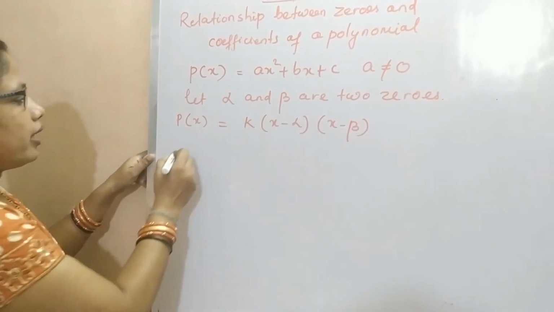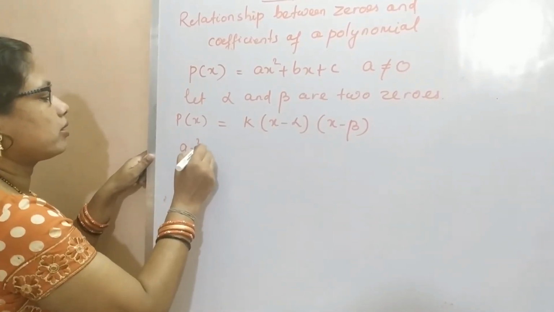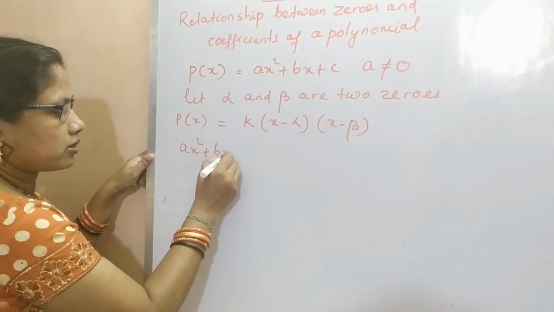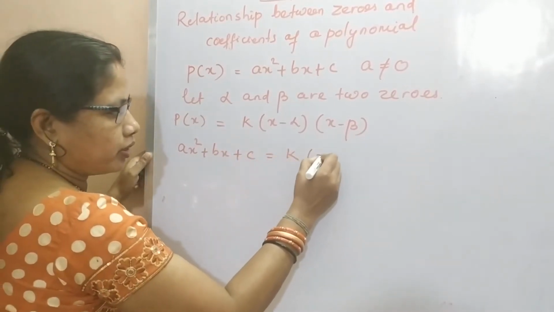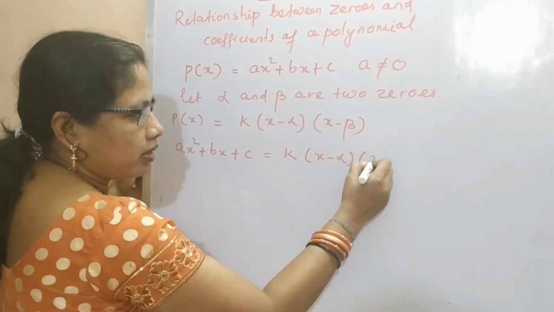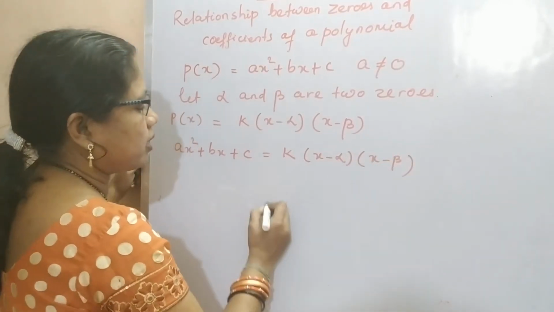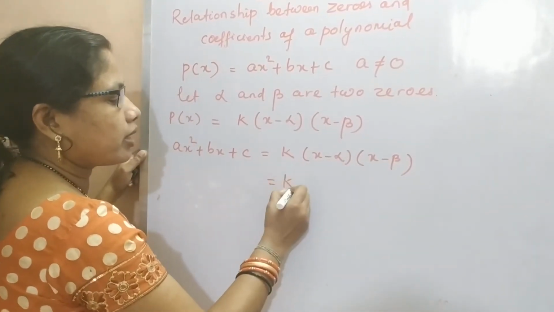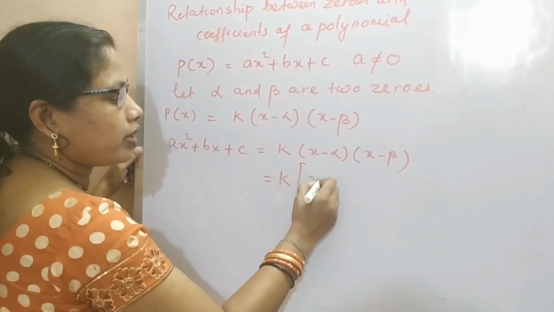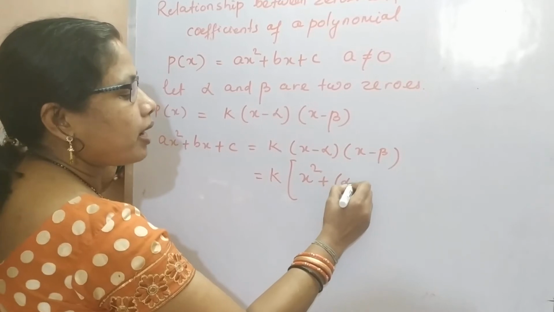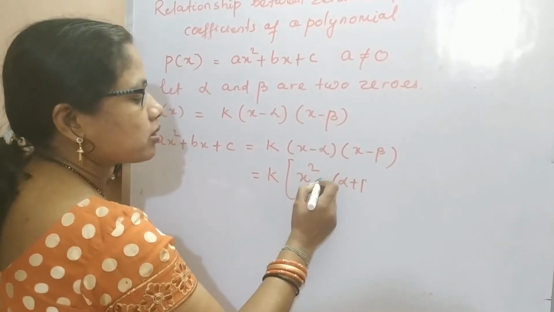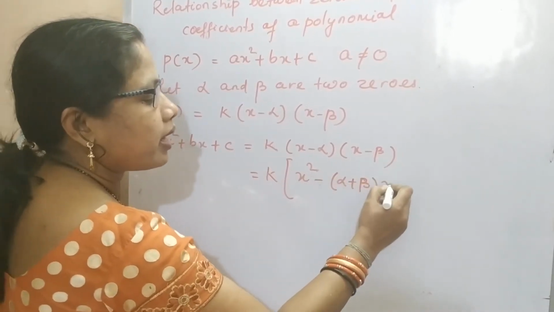So here ax square plus bx plus c is equal to k whole into x minus alpha into x minus beta. So this is equal to k whole into x square minus alpha plus beta x plus alpha beta.